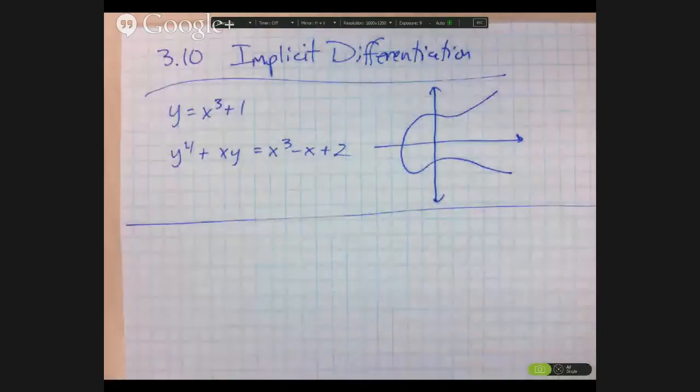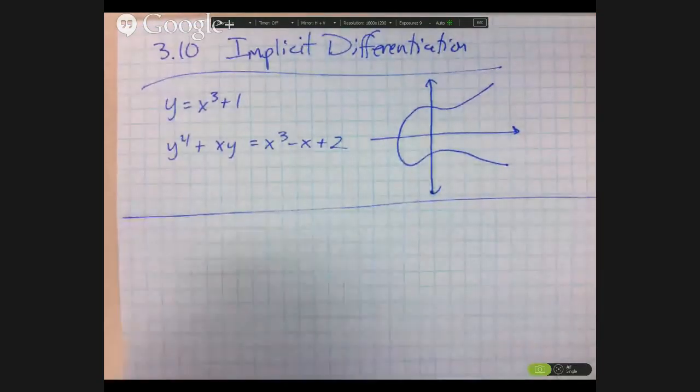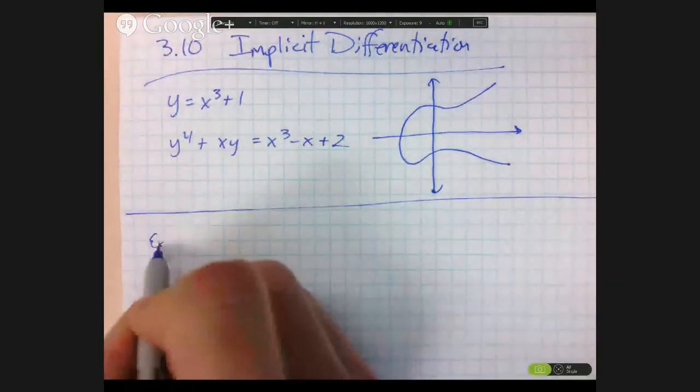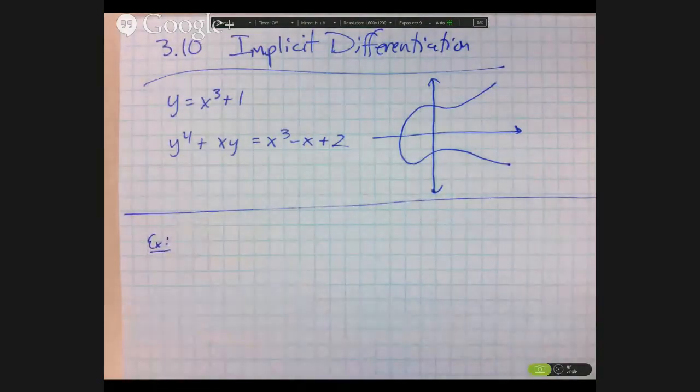So here's how it works. I'm going to use an example to illustrate implicit differentiation.